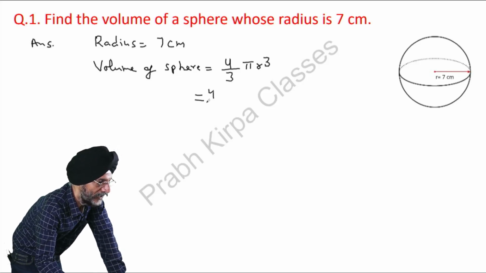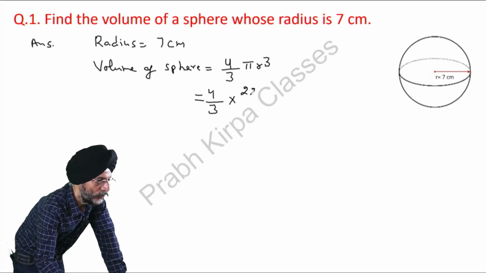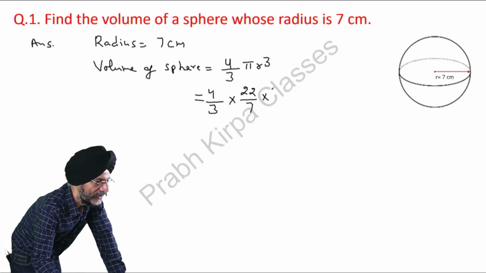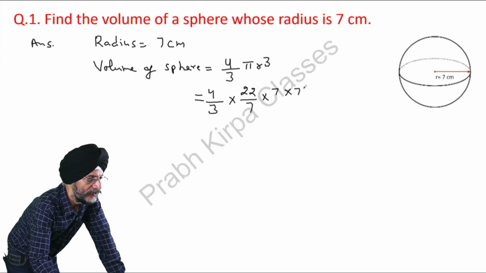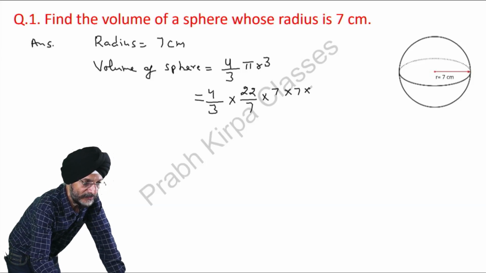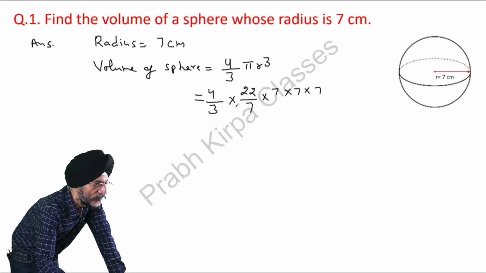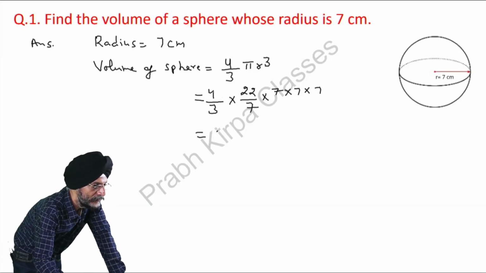So we will fill in the relevant values. Pi stands for 22/7. Now what is the value of r? It is 7. So we will write 7 three times. So here we will cut 7 with 7.